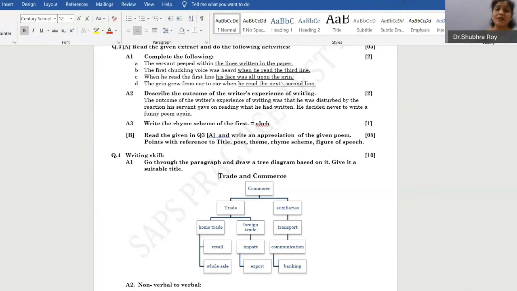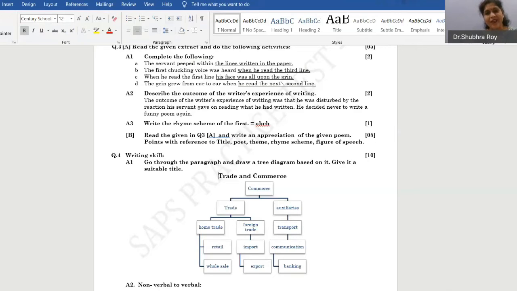That will not be accepted. You have to change the lines, or maybe you have to write the lines from the poem but in your own way. When you are using this, the servant peeped within the lines written in the paper. In the poem it is given, and saw him peep within. At the first line he read, his face was all upon the grin. Some of the students have written all the 3 lines.